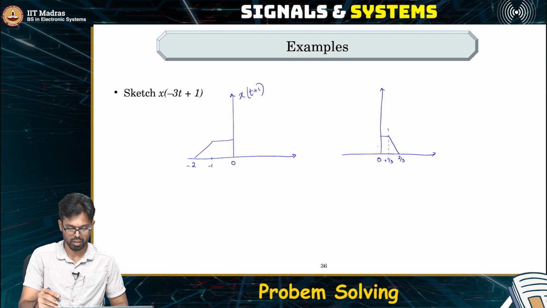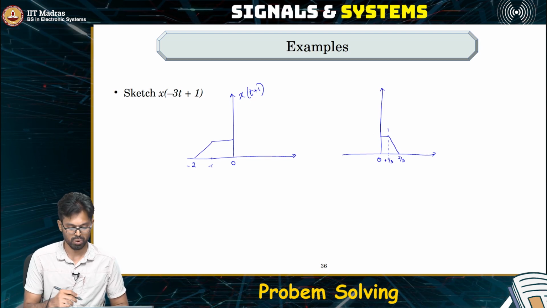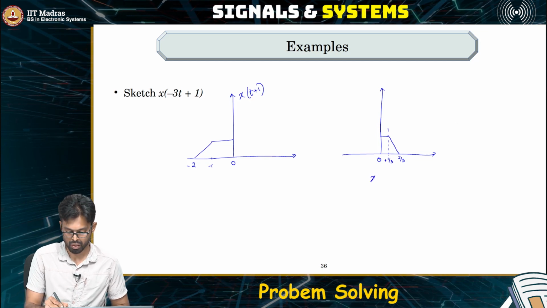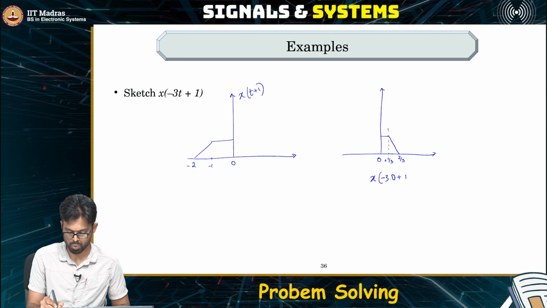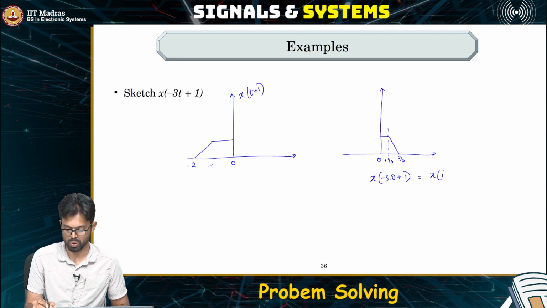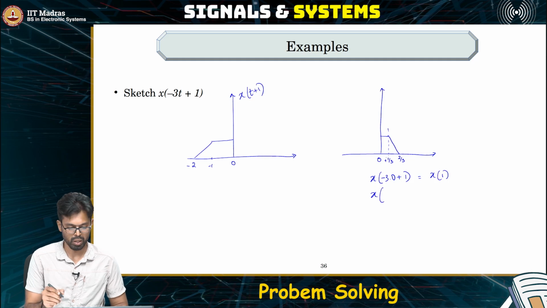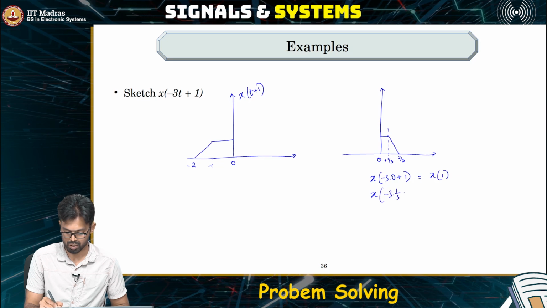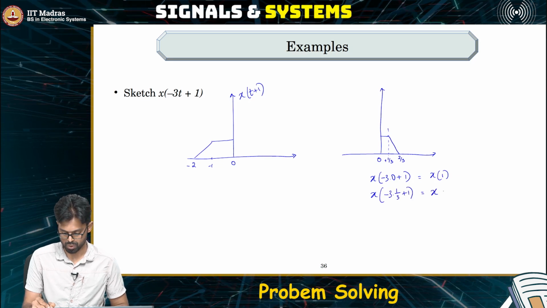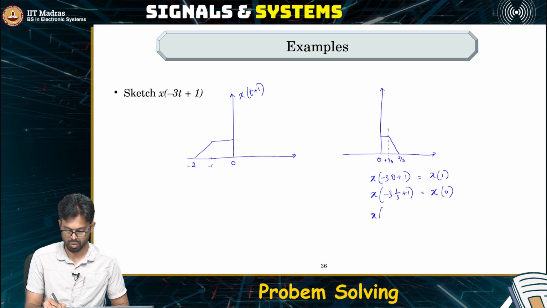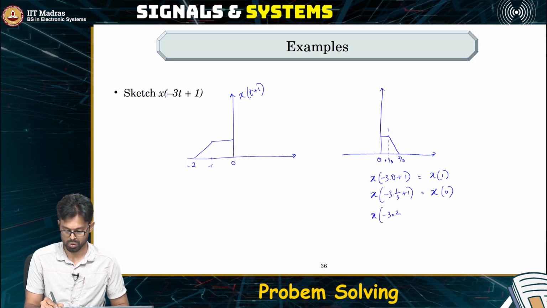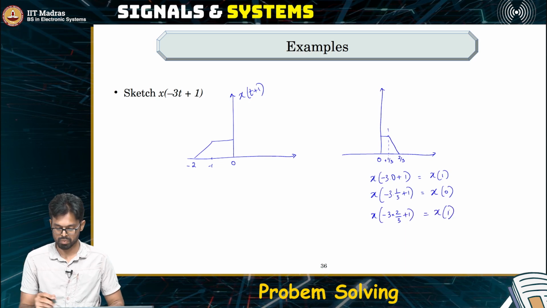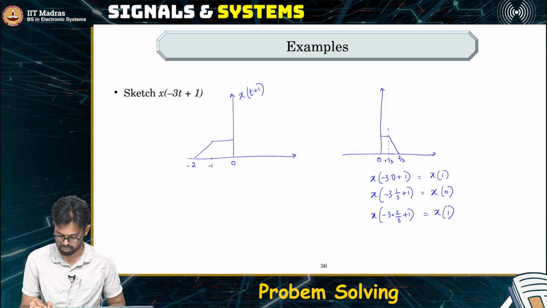So let's take the point 0, substitute the point 0 here, then you get x of minus 3 times 0 plus 1, which should be equal to x of 1. Substitute the point 1 by 3 here, you get x of minus 3 times 1 by 3 plus 1, which should be equal to x of 0, and x of minus 3 times 2 by 3 plus 1 should be equal to x of minus 1.